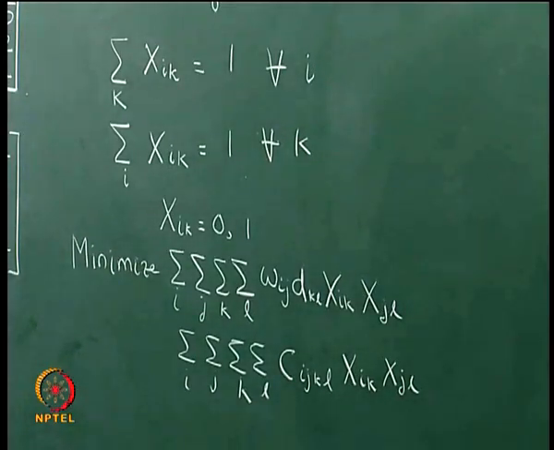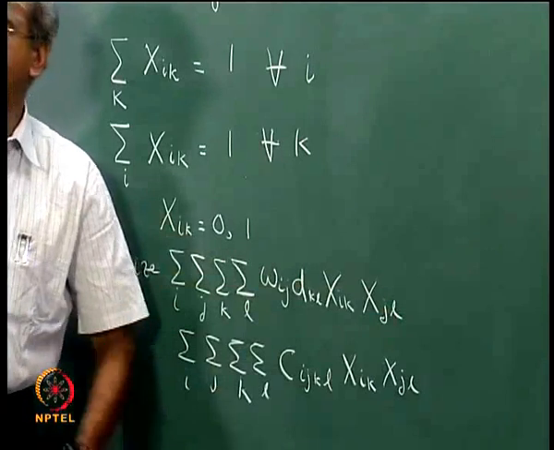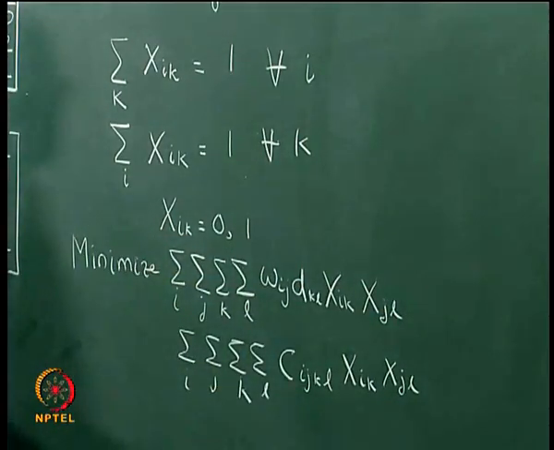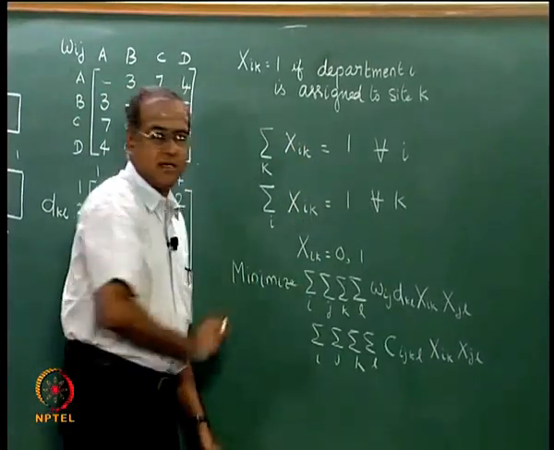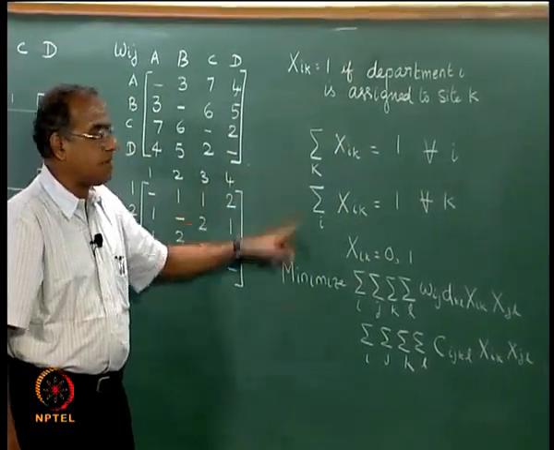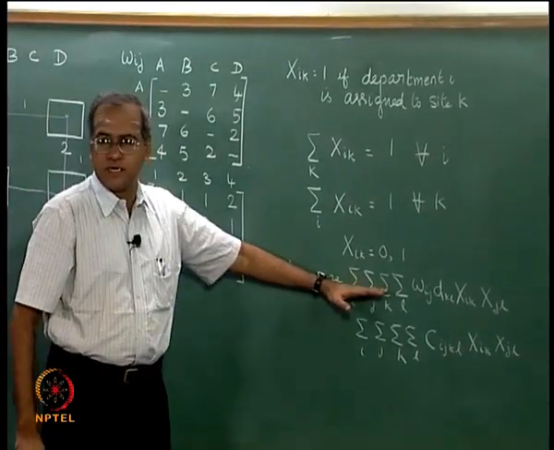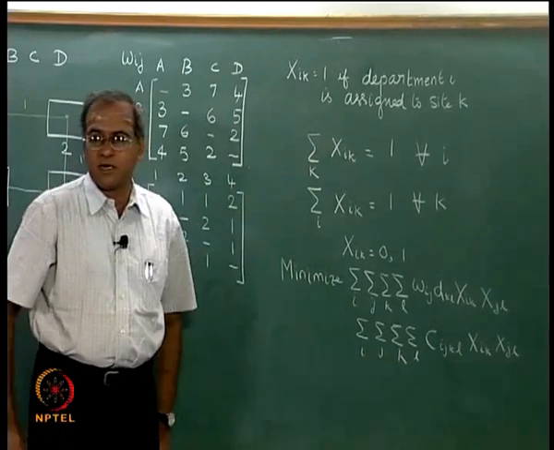Now, this problem has a product term, or a quadratic term, in the objective function and otherwise has assignment constraints. This is very similar to the assignment problem in operations research. So, it has a quadratic objective function and it has the assignment constraints.